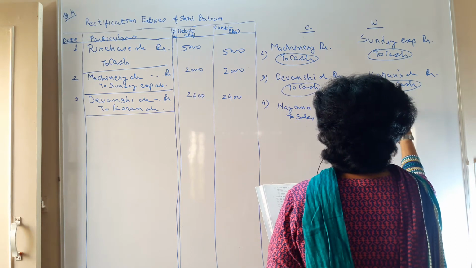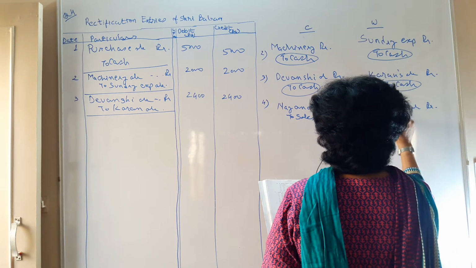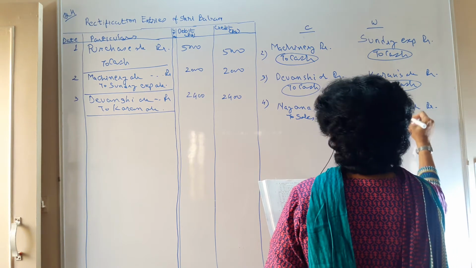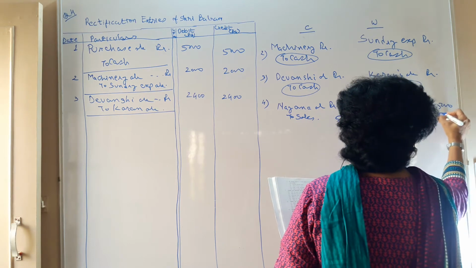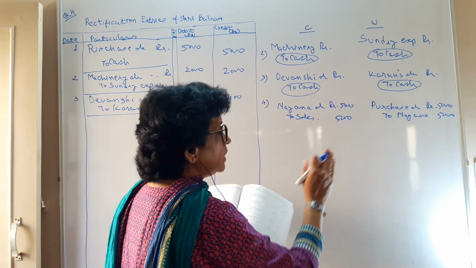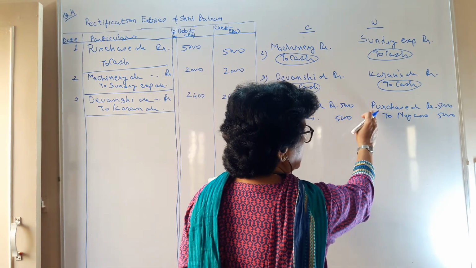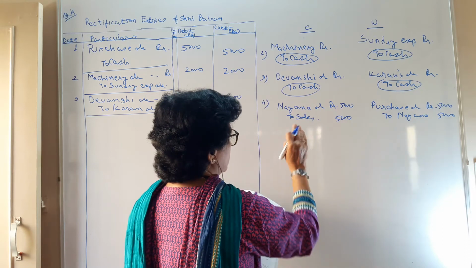So purchase account debit to Naina. This is what you have done wrong. In this case, this is a preliminary book error. We have to nullify what you have done wrong by doing the reverse, and what is not done has to be recorded.